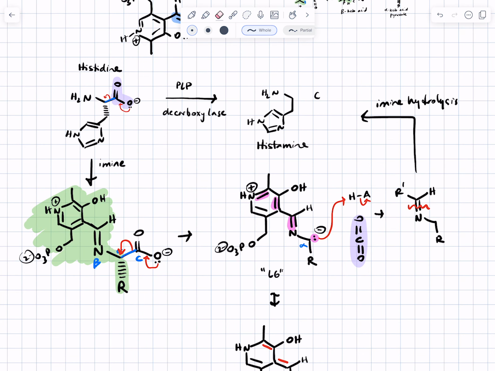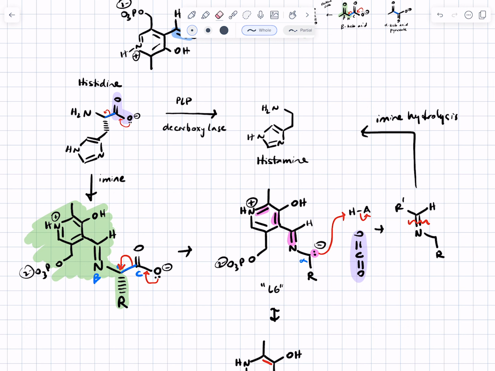PLP gets released, and then we get histamine, which is involved in allergic responses and other things. So anyway, biology has some creative ways of catalyzing decarboxylation reactions, but they're all involved in stabilizing the negative charge that's left behind when CO2 leaves.